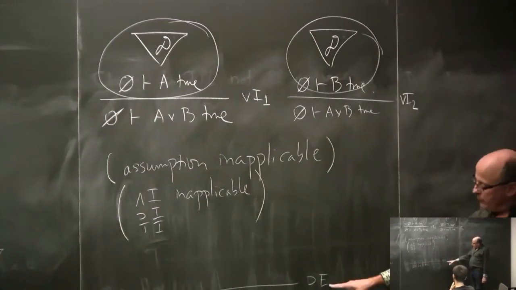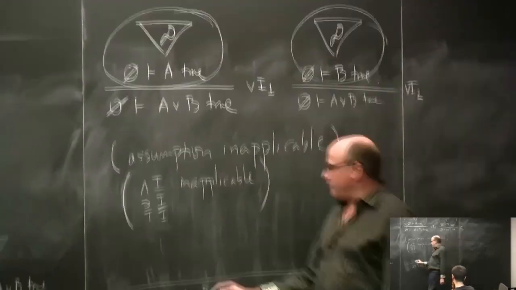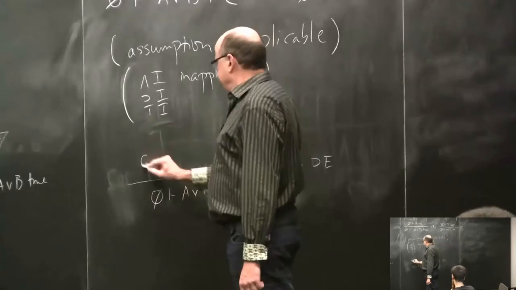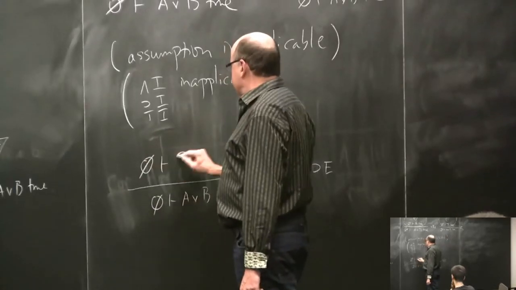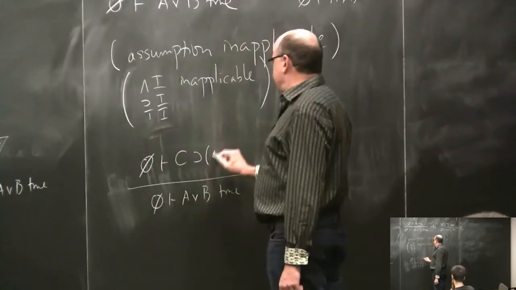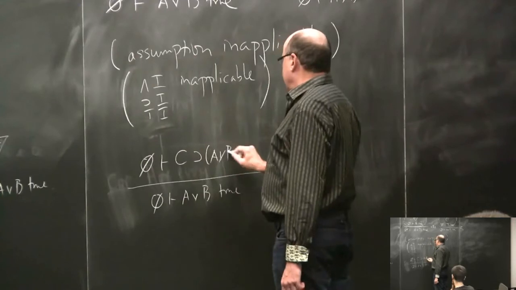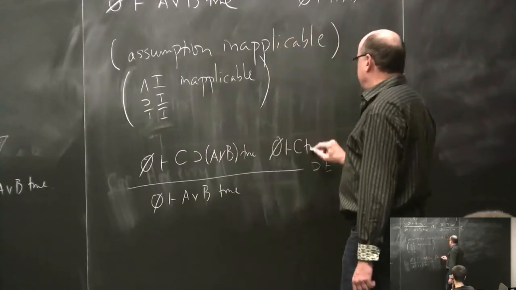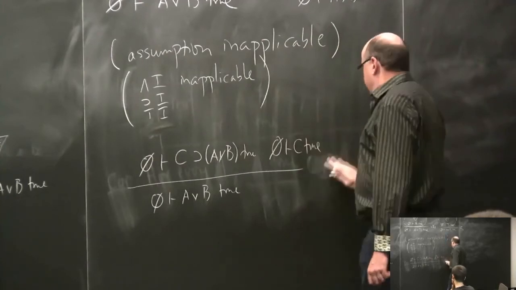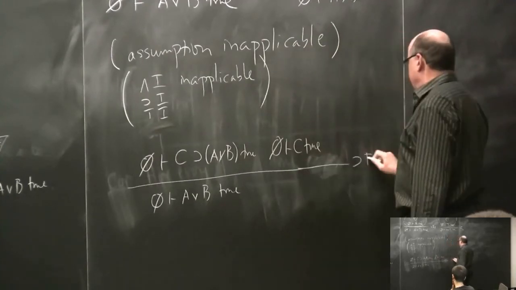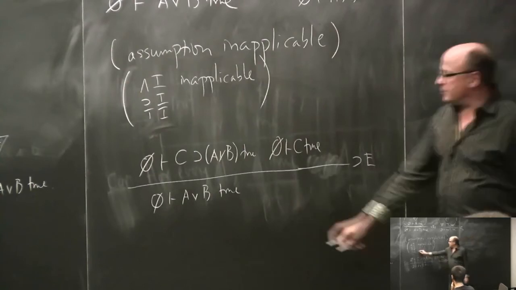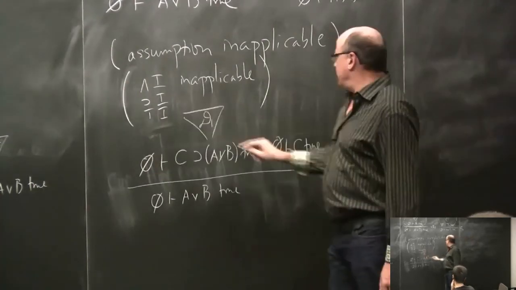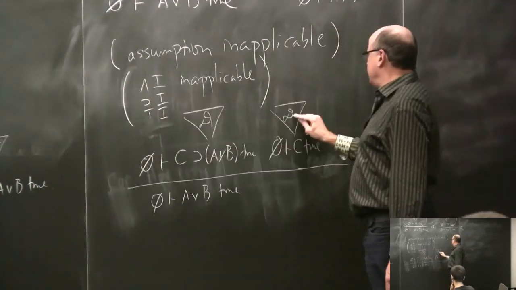But suppose the way in which I got it was by showing that from no assumptions, some C implies A or B, and separately, you showed C. Let me make some room for myself. So I have a derivation here, D1, and a derivation here, D2.